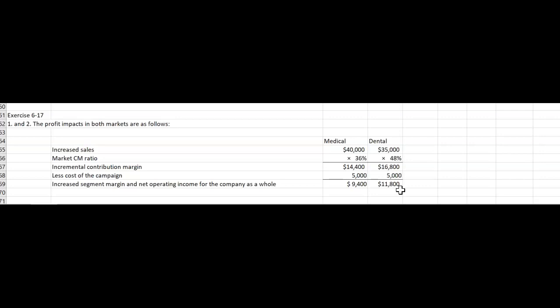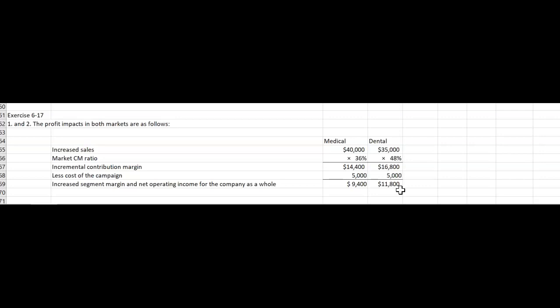Well, it's not unusual that when you break down the Minneapolis office into the medical and dental markets, not all the traceable fixed costs will remain traceable when you break it down to a more defined division, in this case the market.